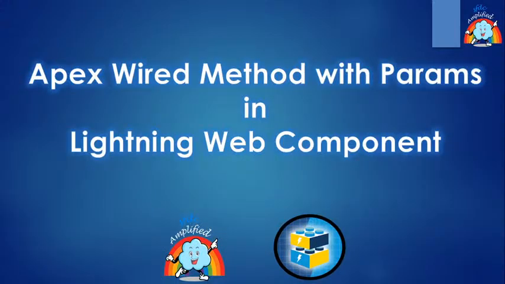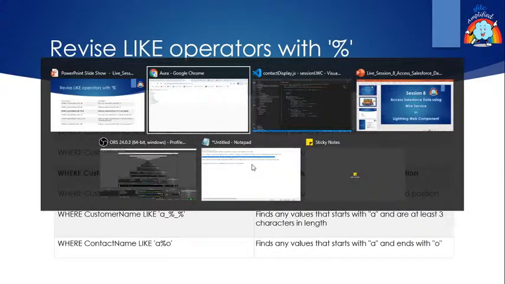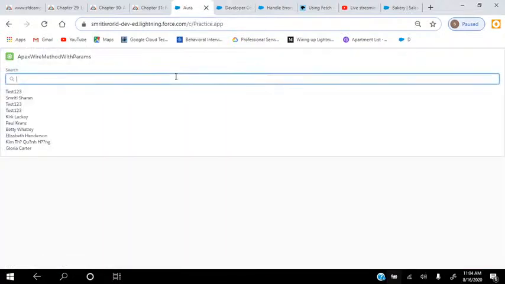I just wanted to show you the console log to understand it better. So let's discuss the params in Lightning Web Component. Let's go back. You can see what I am writing is coming.